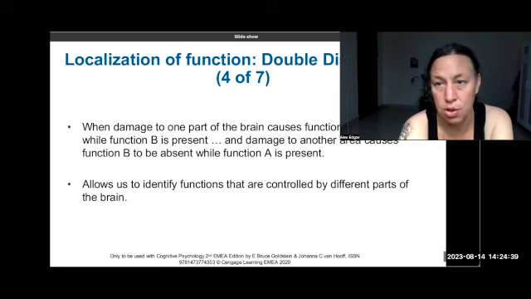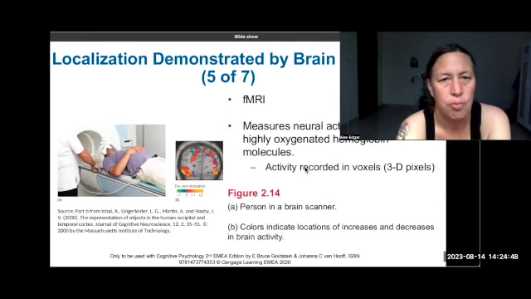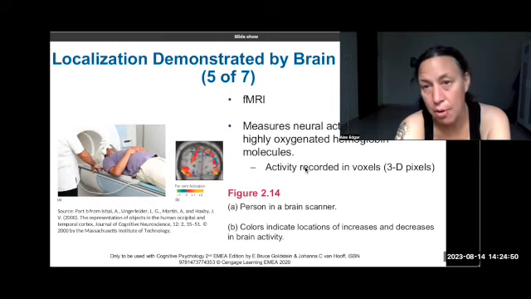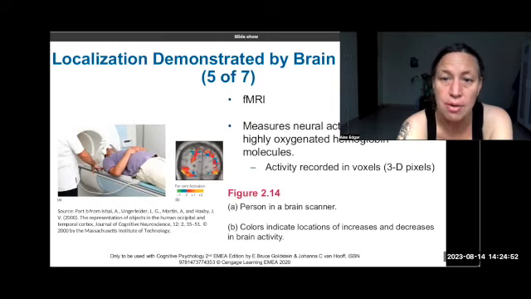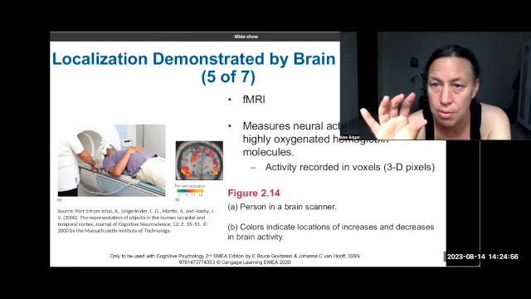Localization of function. Okay, we know that function is localized. For example, Broca's and Wernicke's parts of the brain for different functions relating to language. They use functional MRIs to measure this with oxygenated blood cells, red blood cells, hemoglobin molecules within the red blood cells.